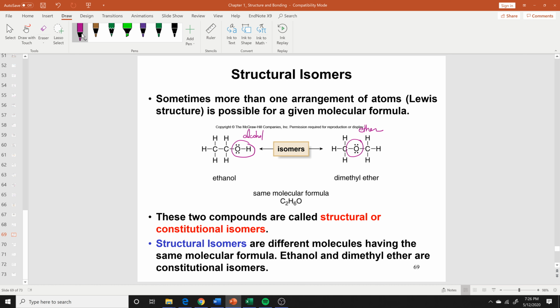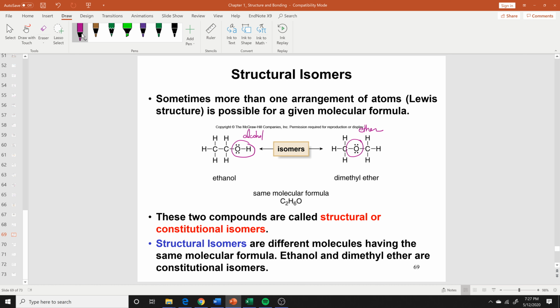It's a way to write the same molecular formula in a different way, and every time you write it, you get a different structure. We call those structural isomers. Structural isomers, they are Lewis structures of each other.